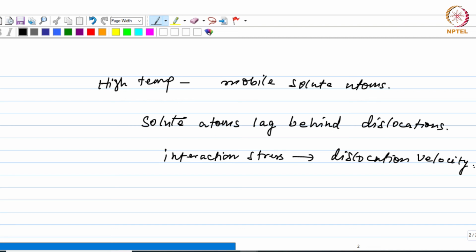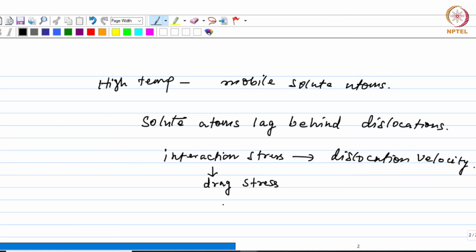So let us have a look at the effect of dislocation velocity on the drag stress. So this interaction stress is basically the drag stress that arises when the dislocations move and the solid atoms are following them. So the velocity of dislocations will have an effect on this drag stress, as I said before.